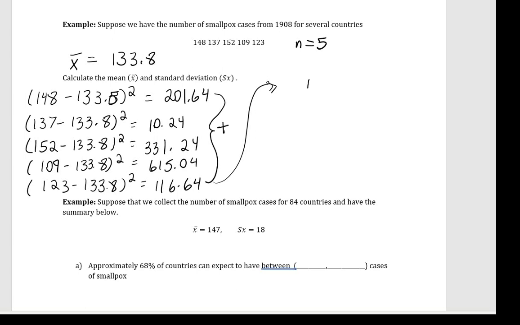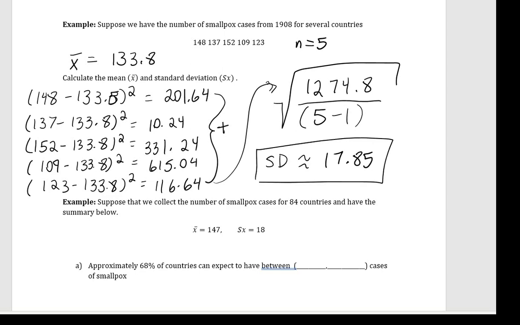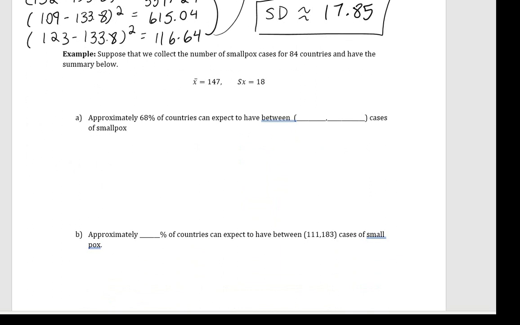Once we add all of those numbers together, we are going to get 1,274.8. Now we need to divide them by the number of observations minus 1. Remember, we have to put that in parentheses because we're grouping it together. And then take the square root of that. Once we do that, we should get that the standard deviation is about 17.85. Again, I'm going to show you guys how to do this on StatCrunch because it goes much faster.